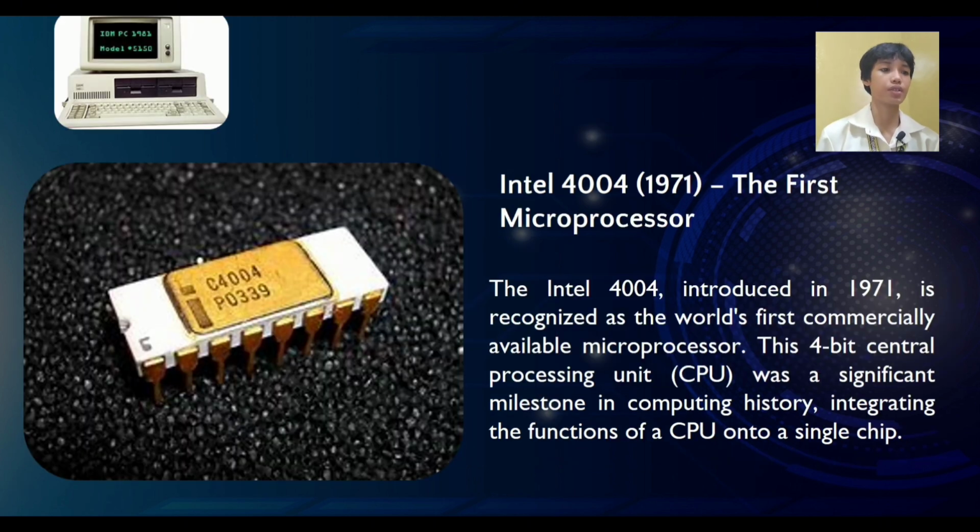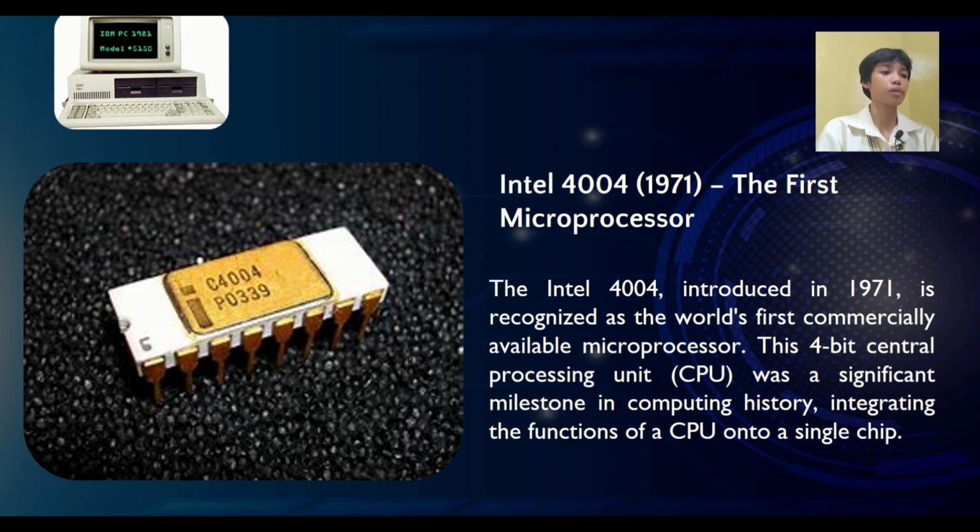So we have here first the Intel 4004, invented in 1971, and it was called the first microprocessor. It is recognized as the world's first commercially available microprocessor.